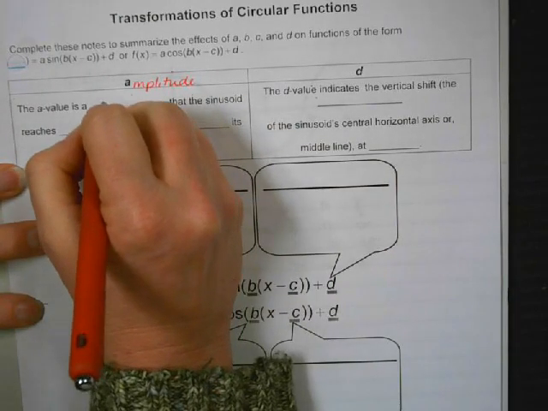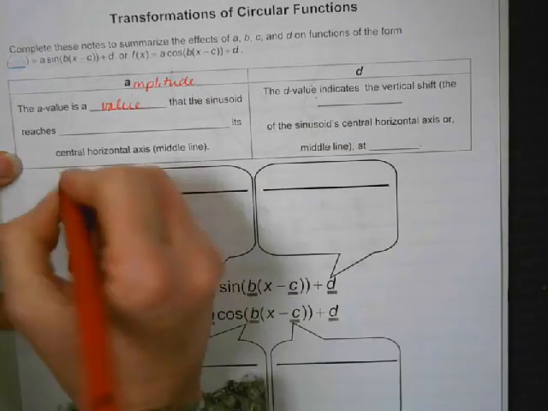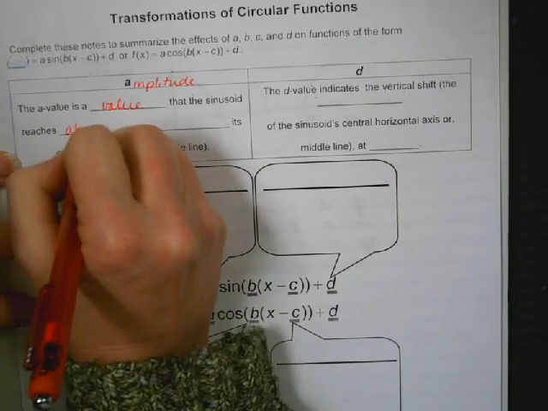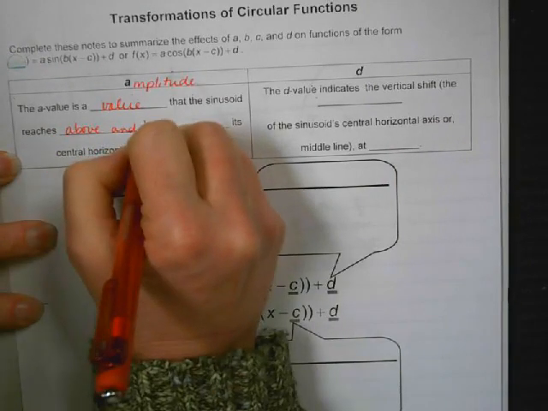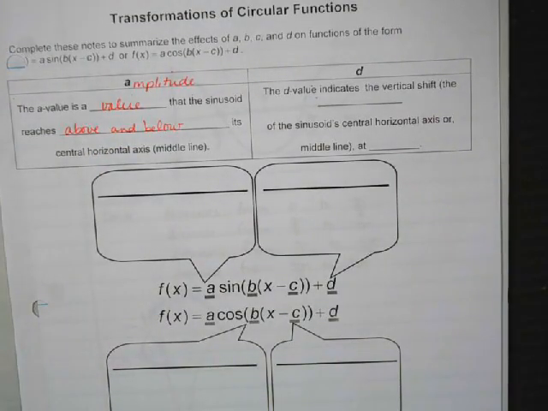Just another big word to use. The A value is just a value that the sinusoid reaches both above and below the central axis. So when the function has not been transformed, the central axis is the x-axis. It reaches 1 and -1.